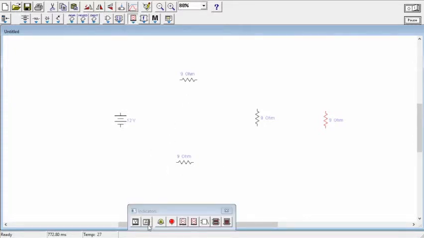So here, this part is the positive terminal of your ammeter, and this part is the negative. As you can see, the positive terminal line is much bolder.